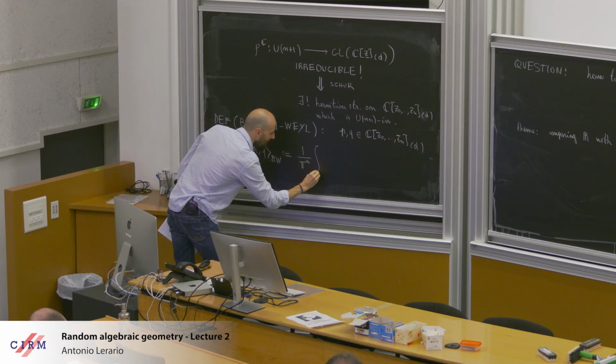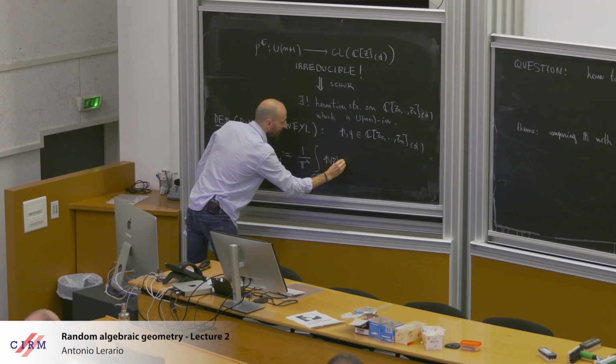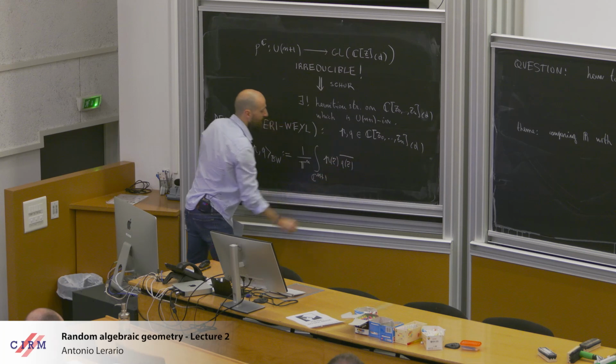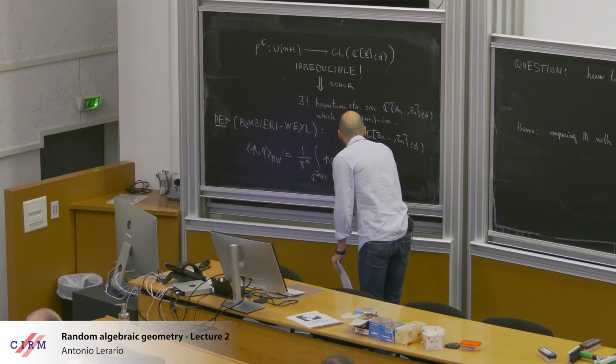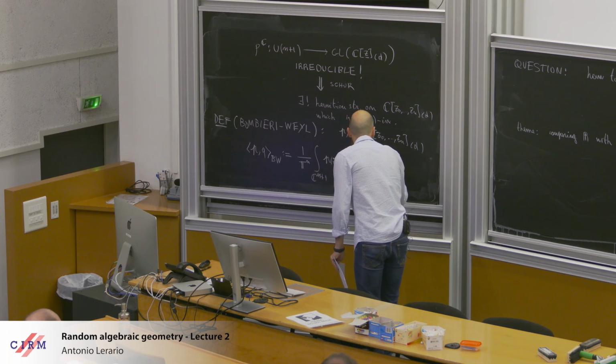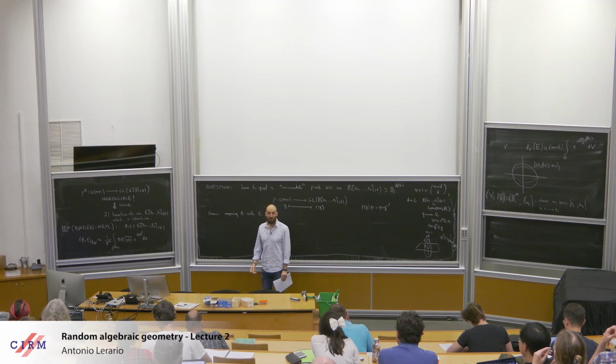You integrate on C^(n+1) the first polynomial times the complex conjugate of the second one, and you integrate it with respect to this, again, Gaussian measure. Okay, so this is the definition of the so-called Bombieri-Weyl Hermitian structure.